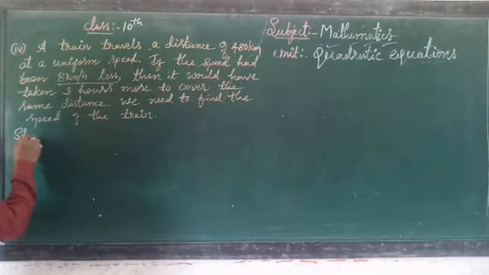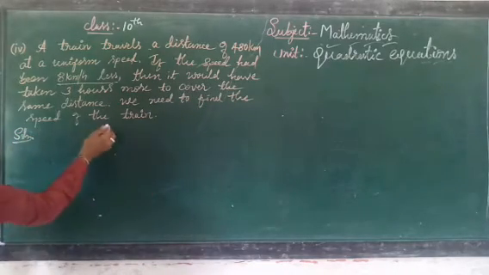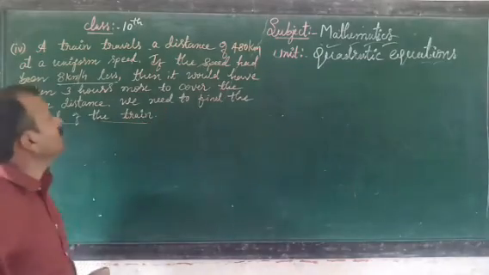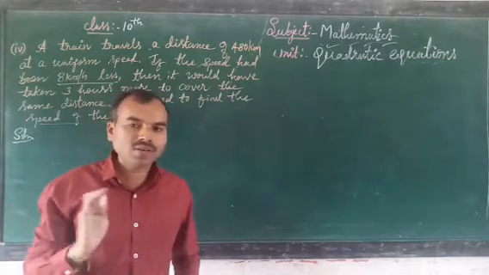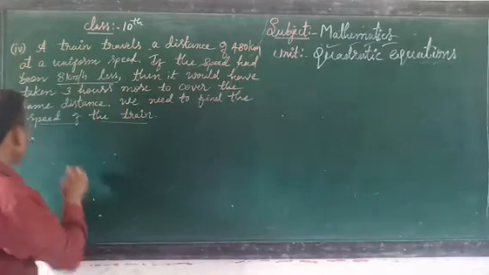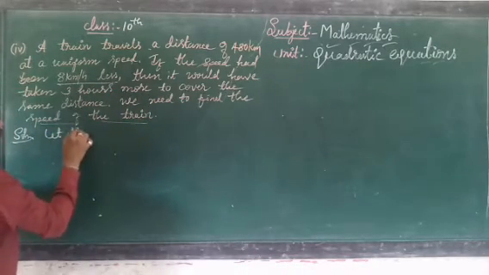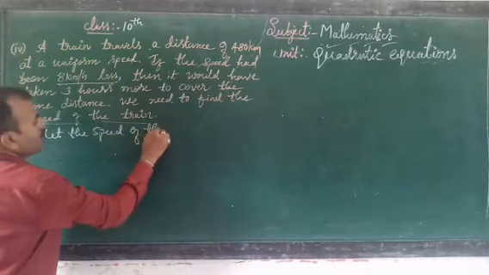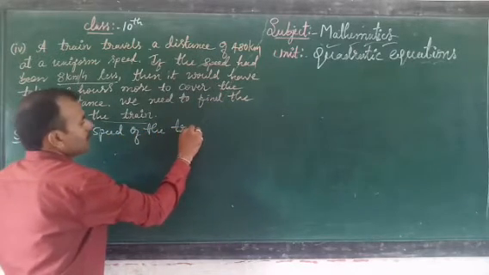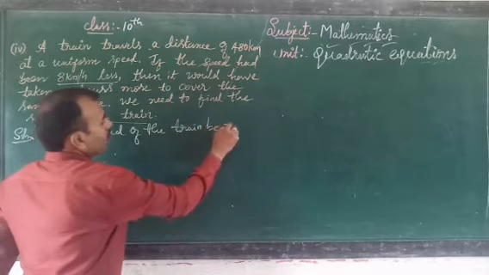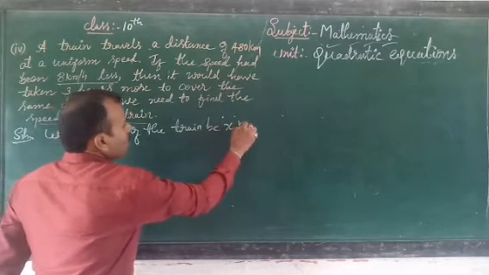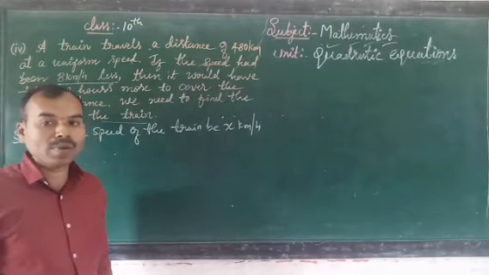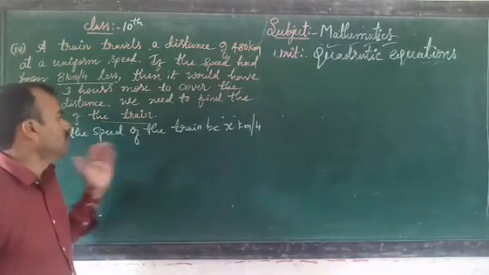Solution. Let the speed of the train be x kilometer per hour. We don't know the initial speed, so we take x.